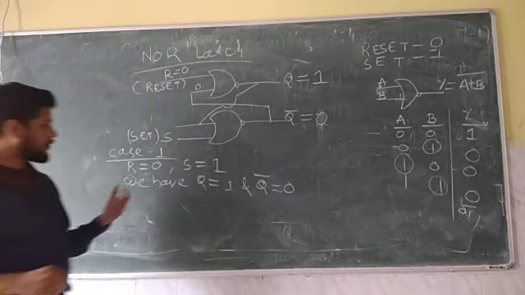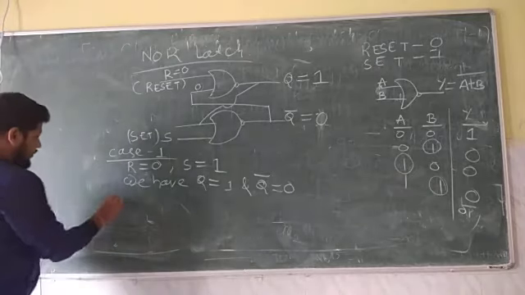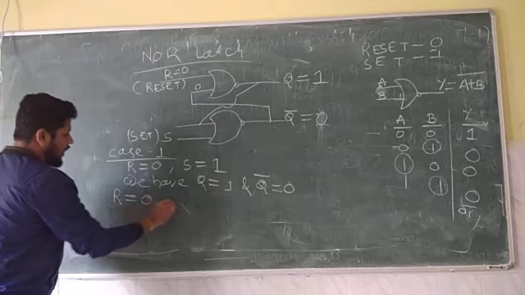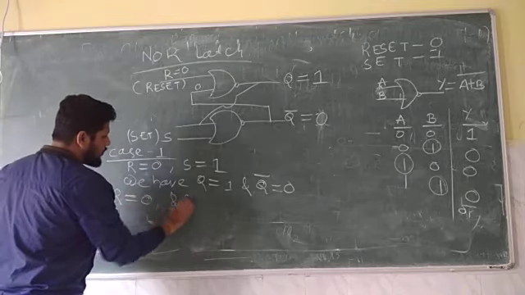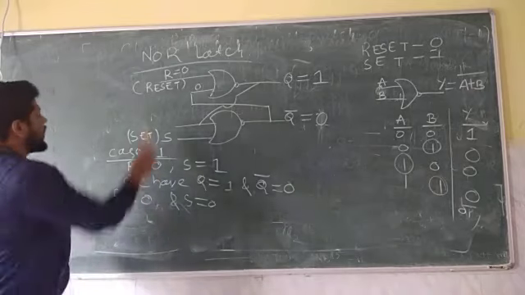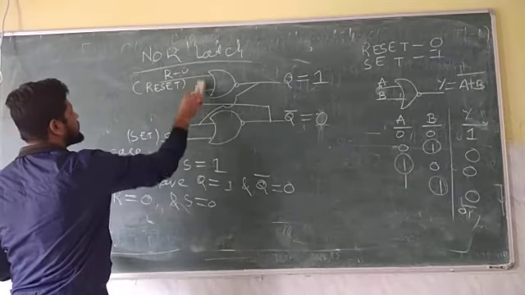Now in this scenario we take R is equal to 0 and S is equal to 0. At the moment, the value of Q is 1. First we applied the previous inputs, then I remove them and apply R is equal to 0 and S is equal to 0.